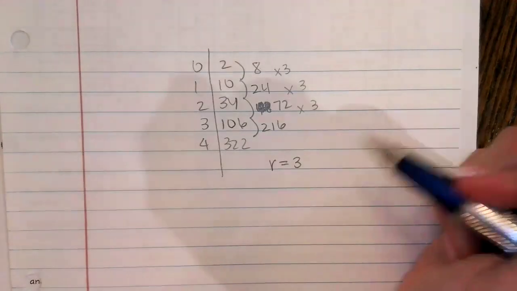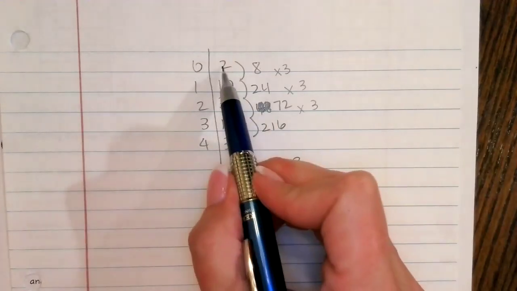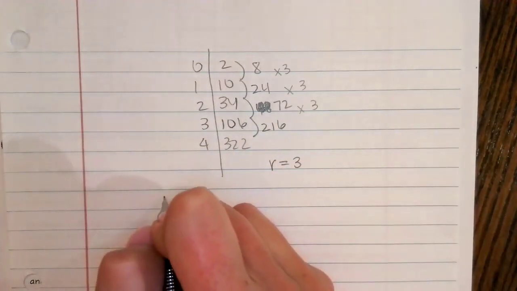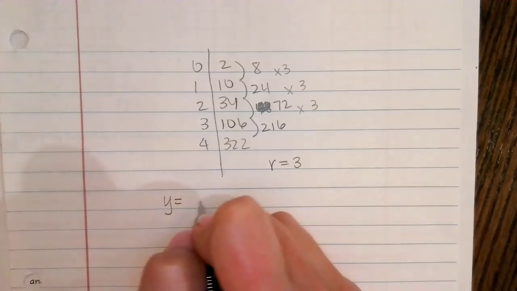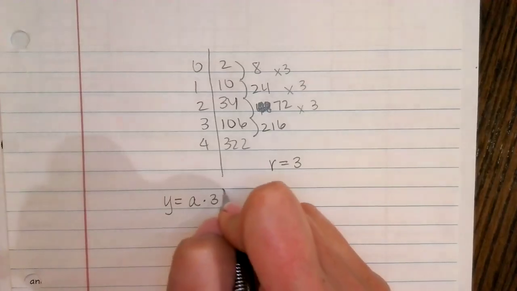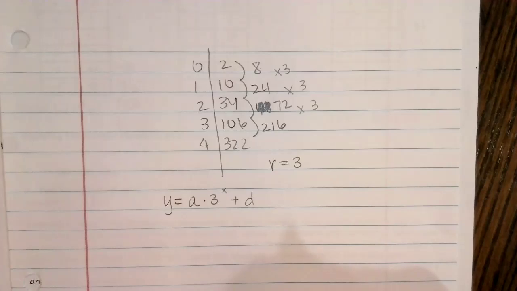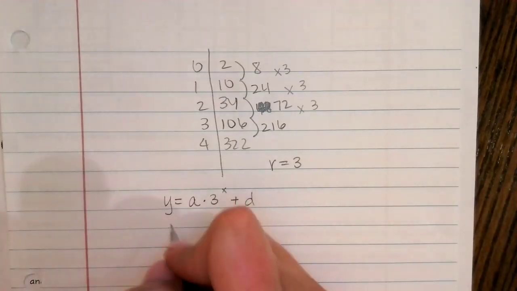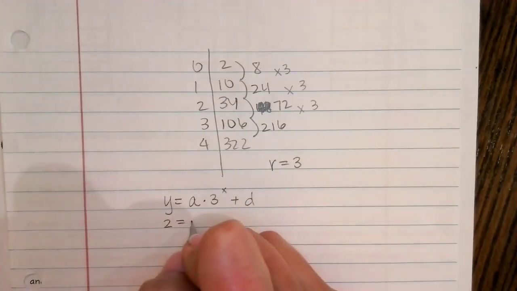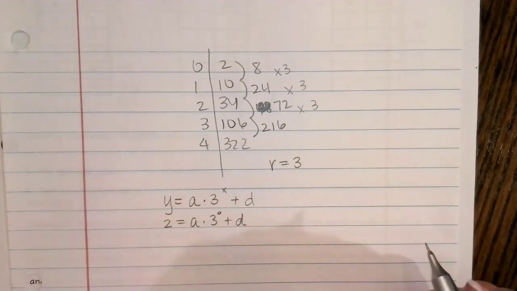Now, if I have no other options on how to figure this out, but I've got a bunch of points right here, we can set up a system of values and do y equals a times 3 to the x, plus that d value, that vertical translation there. And then I can use any of the 2 points. And so I plug in 2 for my y value and 0 for my x value.